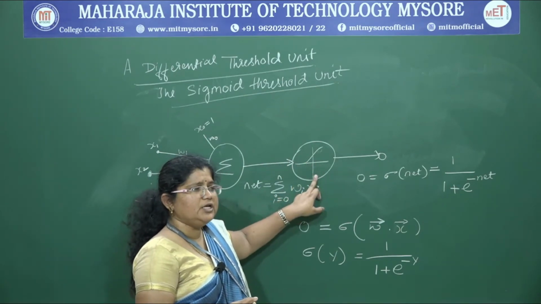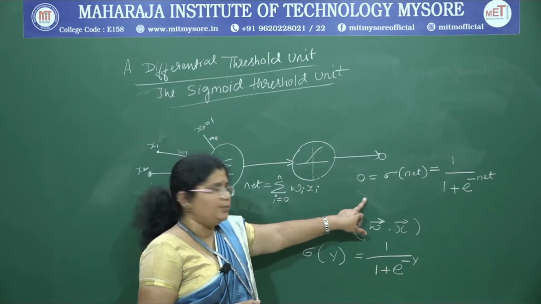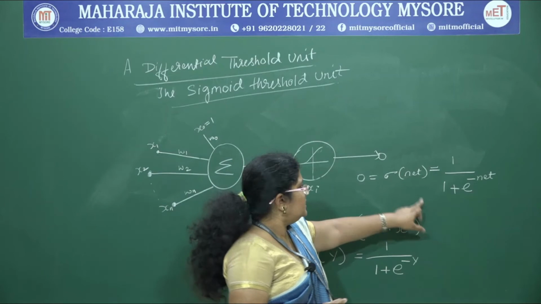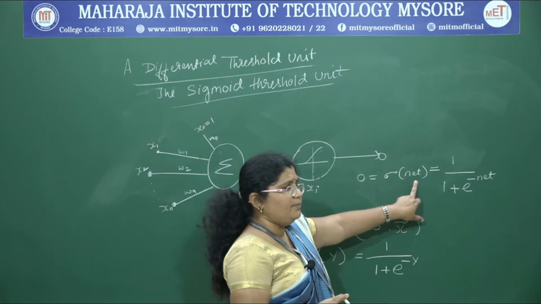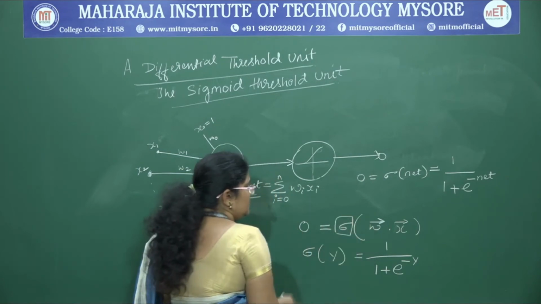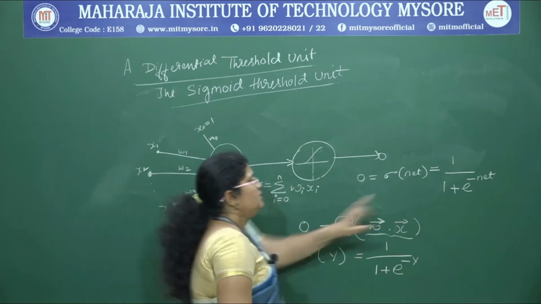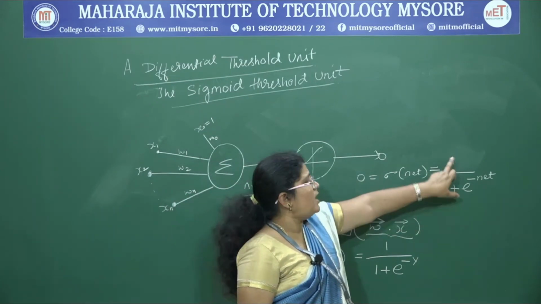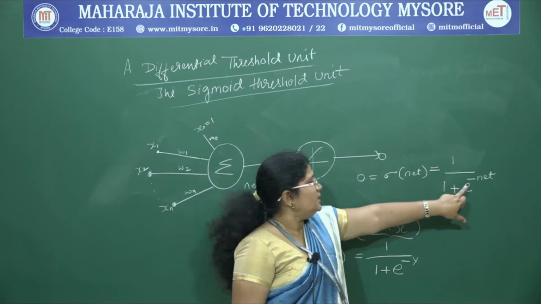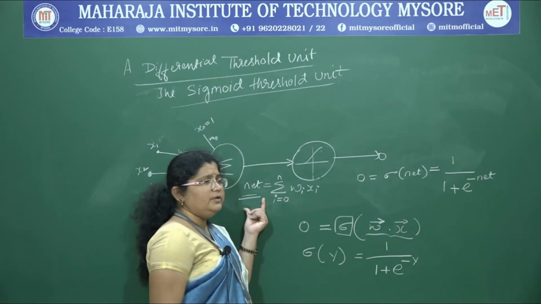This activation function is going to perform its operation to provide an output. That output we can see here is the sigmoid function applied on this net, that is, sigmoid of net is equal to 1 by 1 plus e to the power of minus net, that is the net input value.